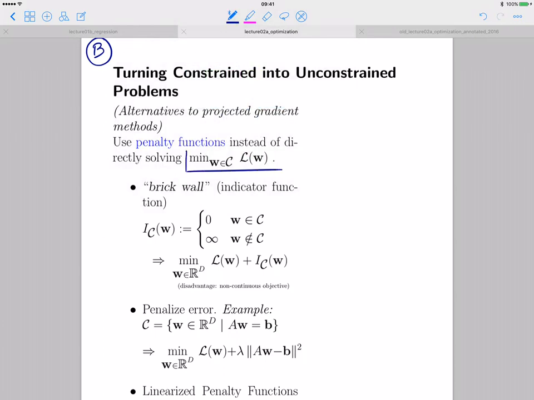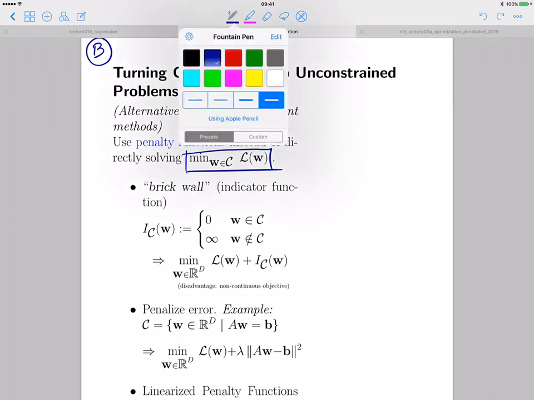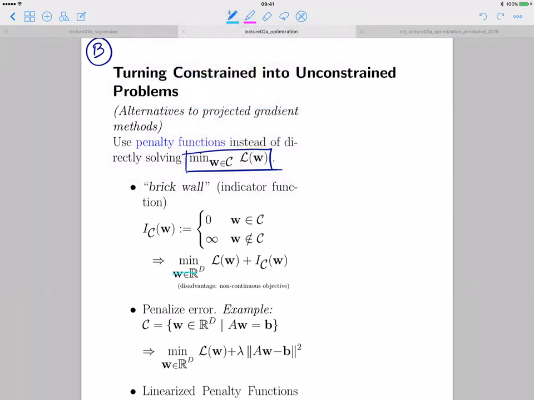That's what we try to solve, but we want to remove this constraint set C. One way to do it is to transform it into an unconstrained problem. The problem here is not constrained, which is what we discussed before, and which was much nicer to optimize.